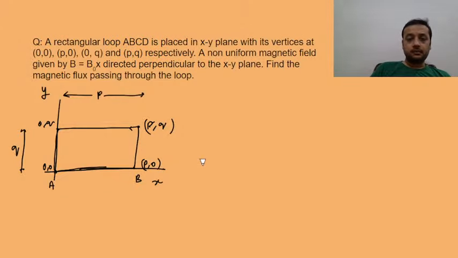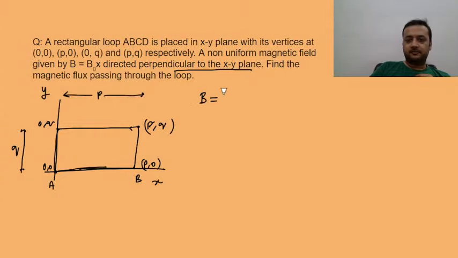Now the magnetic field is directed perpendicular to the xy plane. Let us assume that the magnetic field is going inside the screen plane. It can go inside or come outside, it is not specified, so let us assume it is going inside. But the variation is B naught x, and this is very, very important.